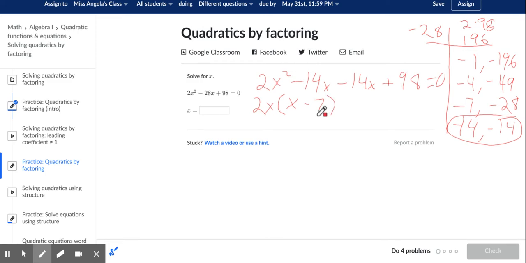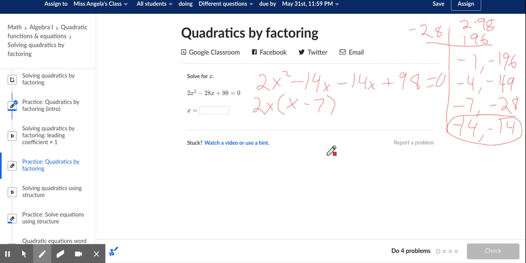And then here we can factor out, let's see. I want my parentheses over here to match this one. So I'm going to see what 98 divided by 7 is. It's 14. So I can factor out a 14 because 98 is 14 times 7. And I have 14 here.